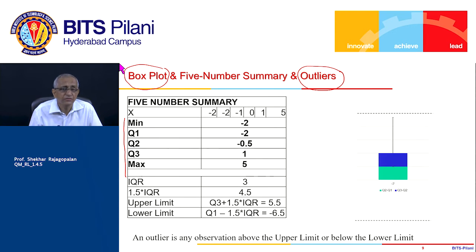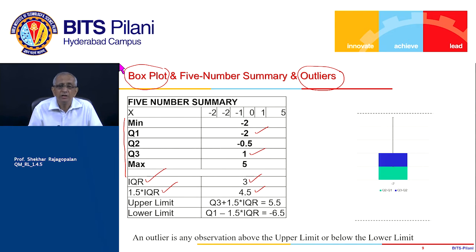From this 5-number summary, I will first compute the IQR, the interquartile range, which is Q3 minus Q1. So 1 minus -2, which is 3. I then compute 1.5 multiplied by IQR, which is 3 multiplied by 1.5, which is 4.5.